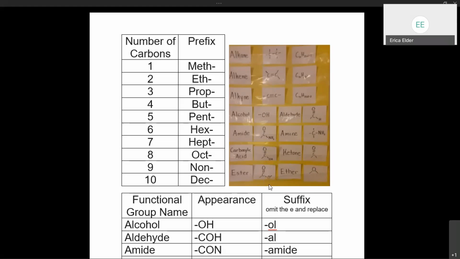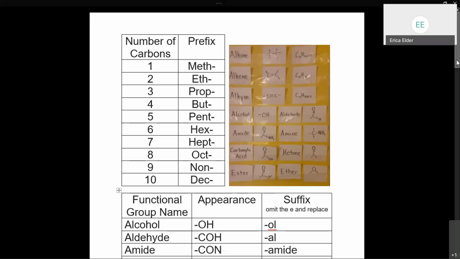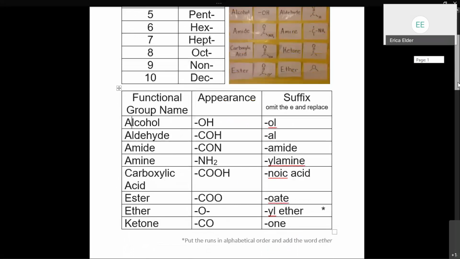And in the case of ester, it has a run off of that other side of the ether that is attached there.